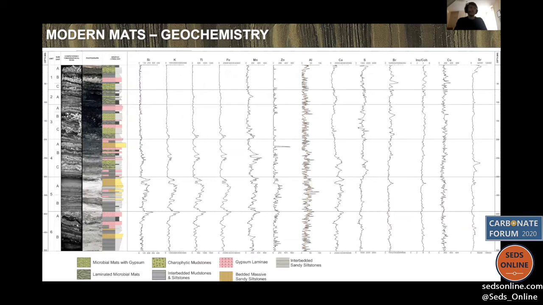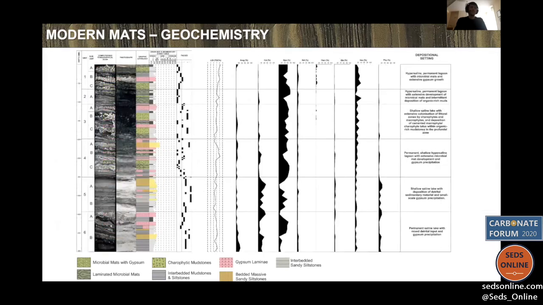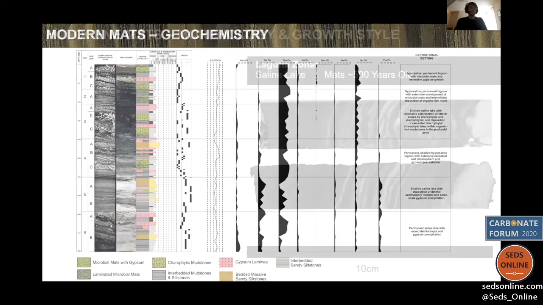So this has been done with XRF, which is qualitative, but it's very useful for understanding different paleolimnological processes. And then we've also done this with XRD. We've produced down-core XRD records, facies analysis, and total organic carbon. This is, as I say, to get a much better idea and background of what processes are occurring, not just in the modern day in this lake, but also in the past.